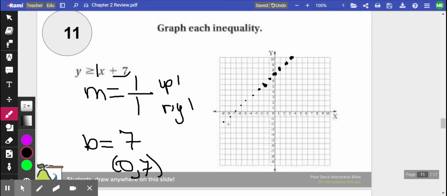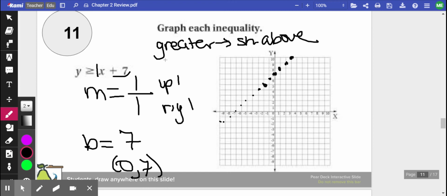All right. Looking at our inequality here, I see that it's greater than. So I'm going to shade above. And I know that it is equal to, so it is a solid line. So I'm going to connect all my dots and make a solid line.